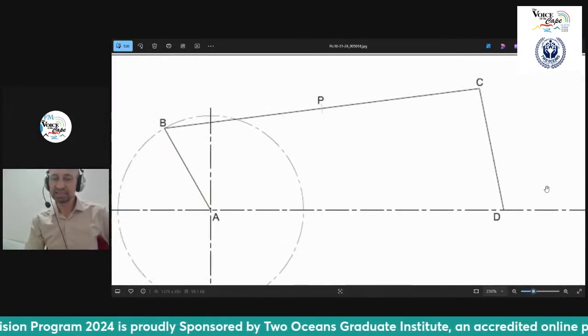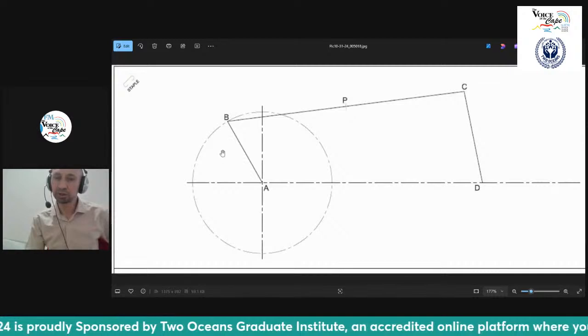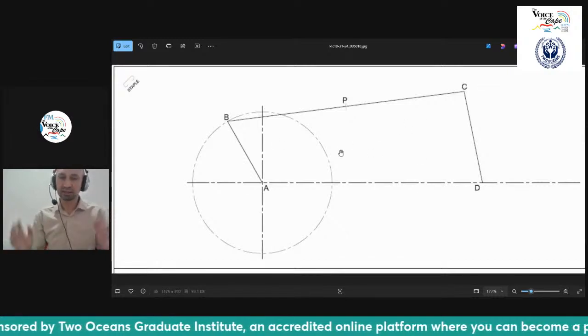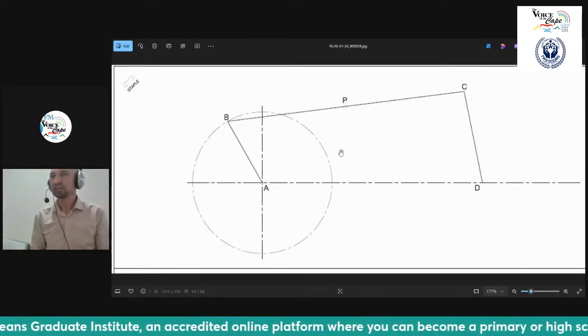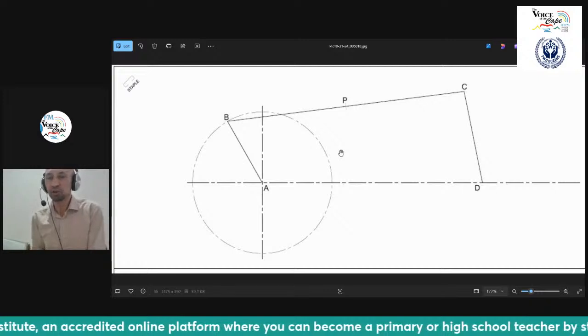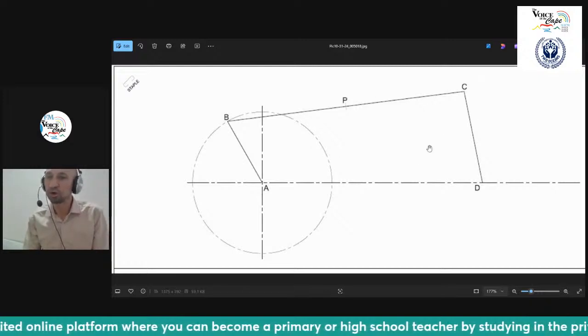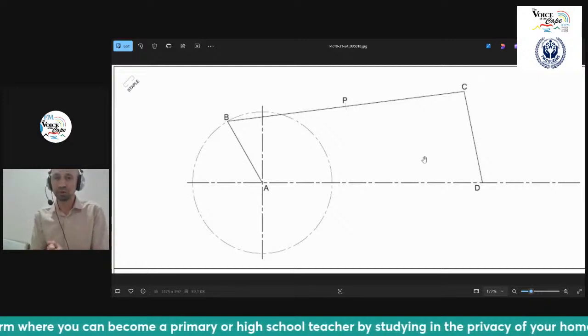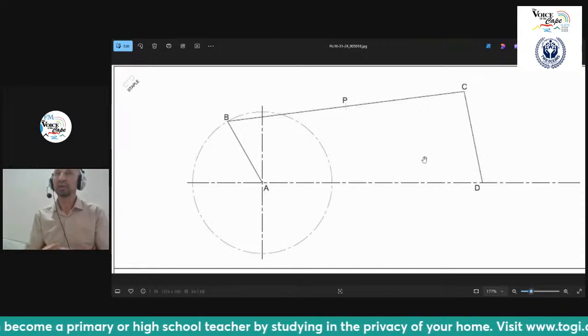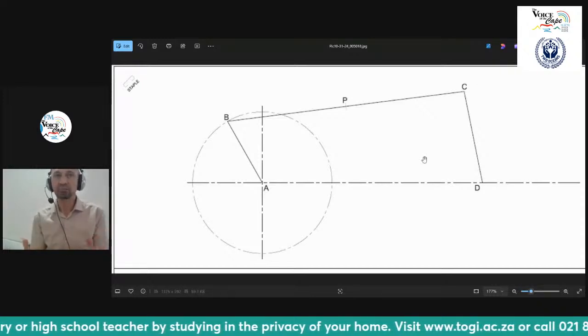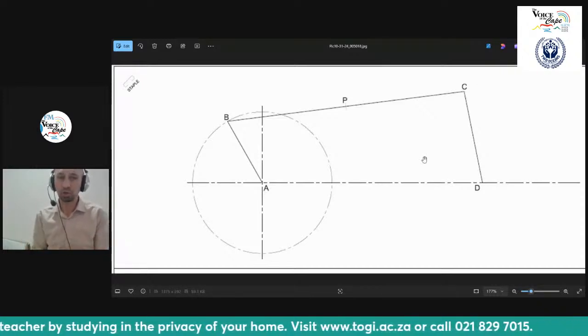Now, in this case, they actually gave the grade 12s the shape, the drawing already. Should they not give you the drawing and you have to redraw it, this is what you are going to do. Okay, the dimensions will all be given to you. And make sure you just follow the dimensions of how you are going to draw that.